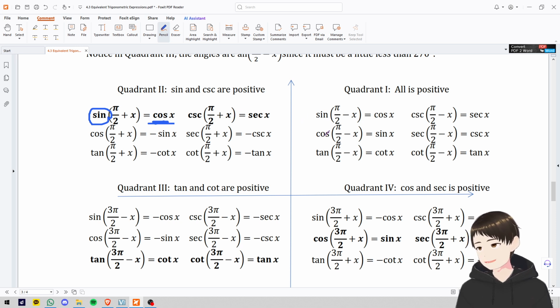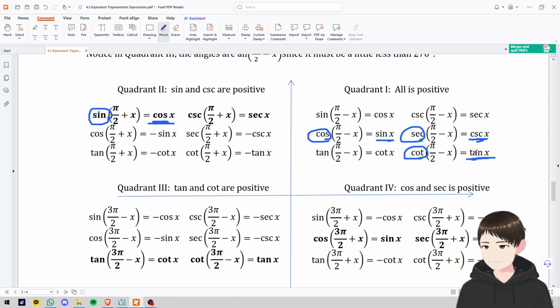If I give you cosine, you turn it into sine. If I give you secant, you can write it as cosecant. If I give you cotangent, you could rewrite it with its correlated ratio, which is tangent. So sine to cosine and vice versa, secant to cosecant and vice versa, tangent to cotangent and vice versa. Okay, that is today.